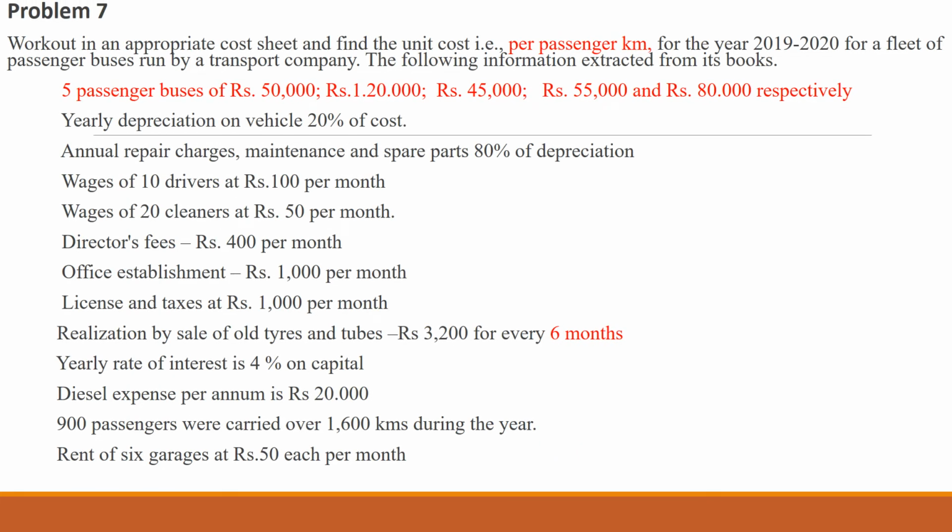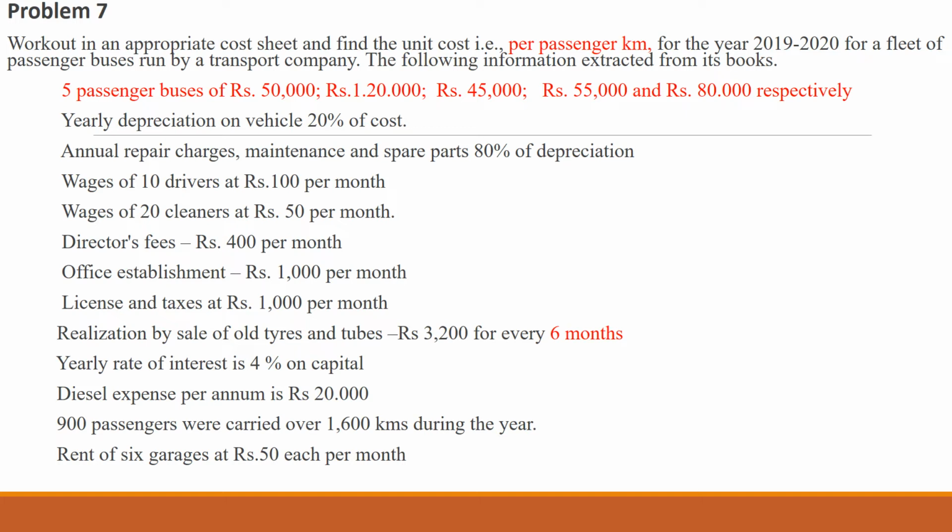Move on to the next problem. This is problem number 7. Work out in an appropriate cost sheet and find the unit cost, that is per passenger kilometer, for the year 2019-20 for a fleet of passenger buses run by a transport company.